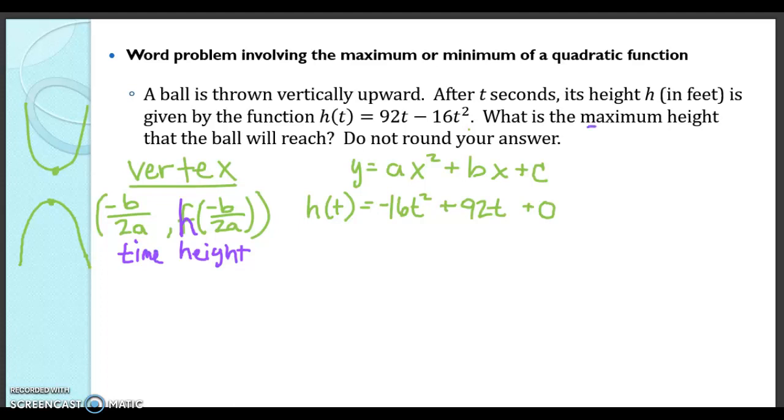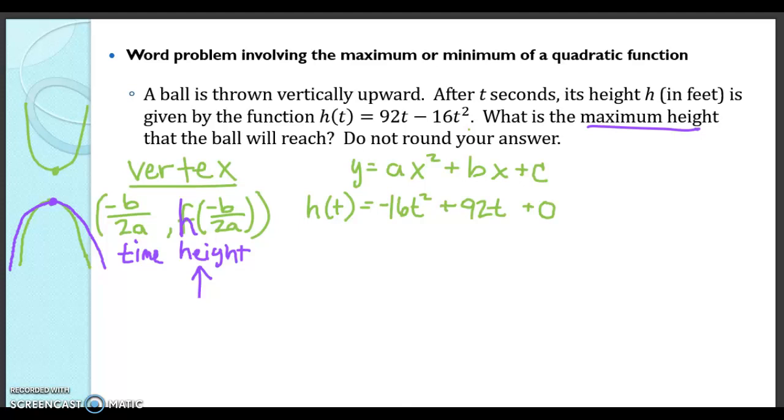We want to know what the maximum height is, so we want to know the vertex. If you think about a ball being thrown, it's going to be thrown up and then come back down, right? So right at that tip point is the vertex. So we want the y value of the vertex, but we need to find the x value in order to find the y value.